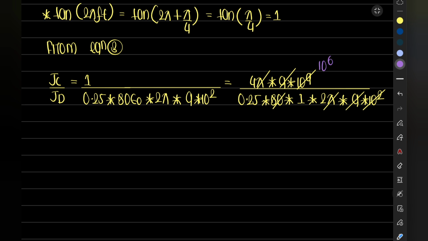After cutting it will become 10 to the power 6, and 0.25 is 1 by 4. Now this 1 by 4 and 4 will become 16, and we know that 8 2s are 16, and again this 2 and 2 will get cancelled out.